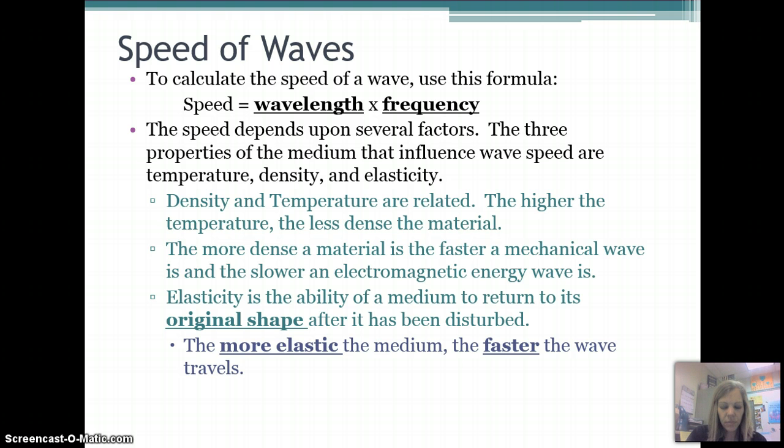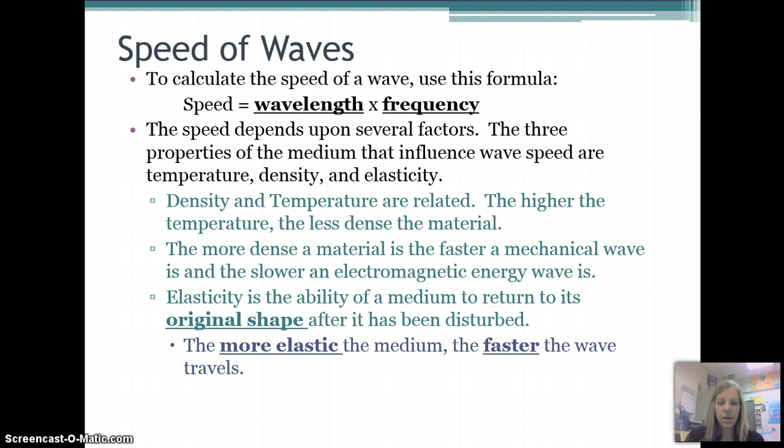So it's important to remember that an electromagnetic wave only propagates energy through a transverse wave, and it does not need a medium to travel through. So the more dense the medium is that it travels through, it actually slows down the movement of the electromagnetic wave.